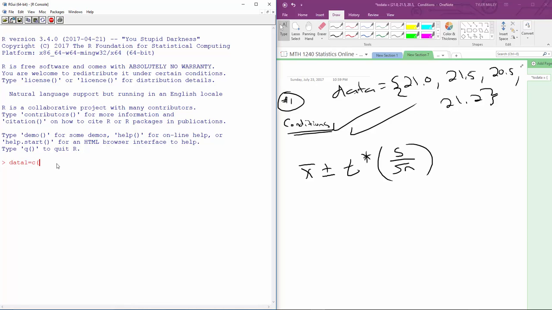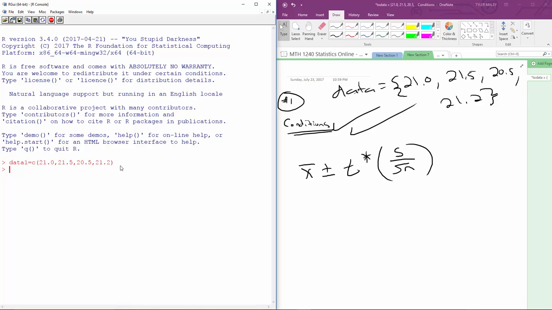So data1 equals, and I'm going to use the c command to type everything in, using commas to separate my values: 21.0, 21.5, 20.5, 21.2. I'll close the parenthesis, hit enter, and there's data1.